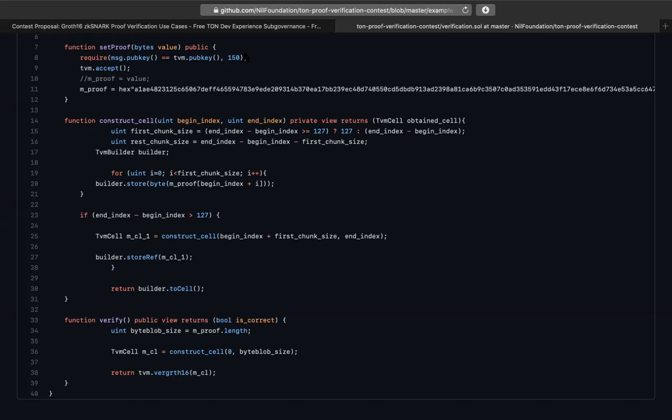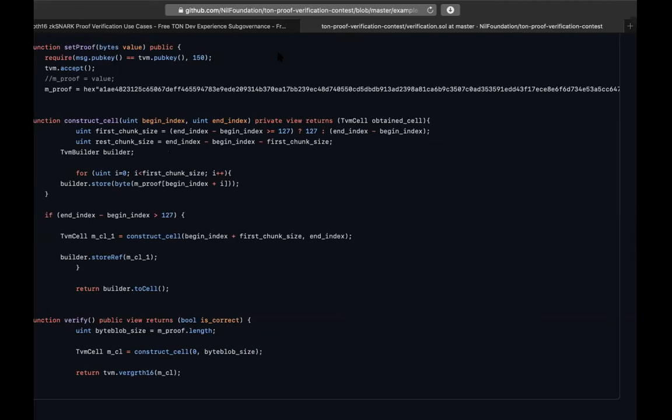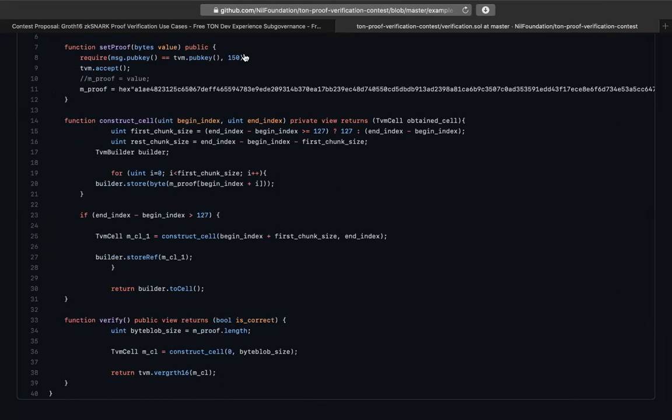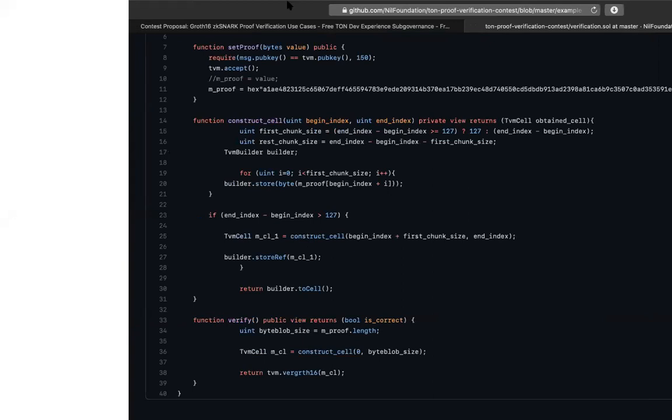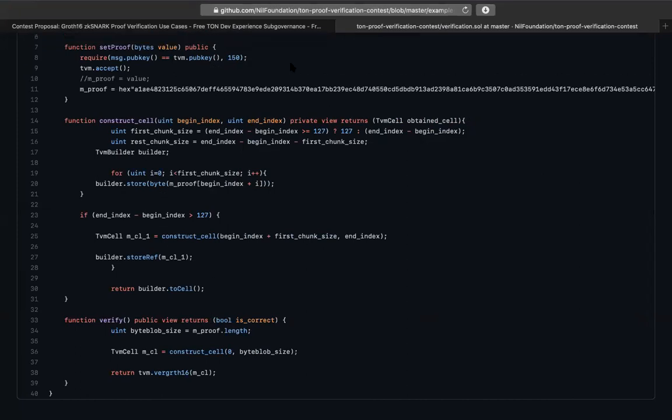You mean how the circuit definition is done?